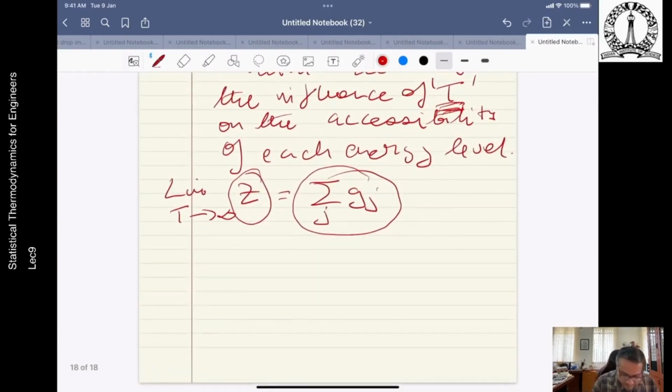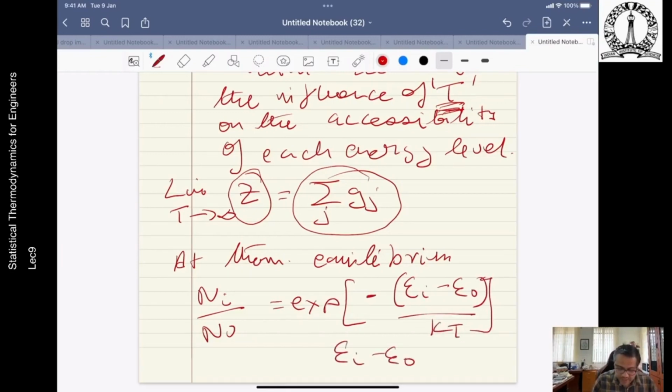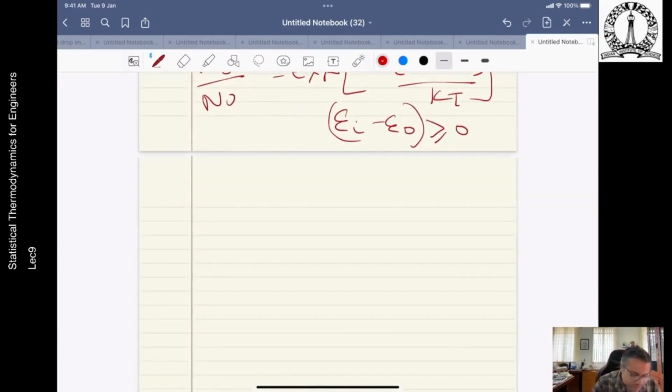Now, at thermodynamic equilibrium, Ni by N naught is equal to exponential of minus Ei minus E naught divided by kT, where Ei minus E naught is definitely greater than 0.